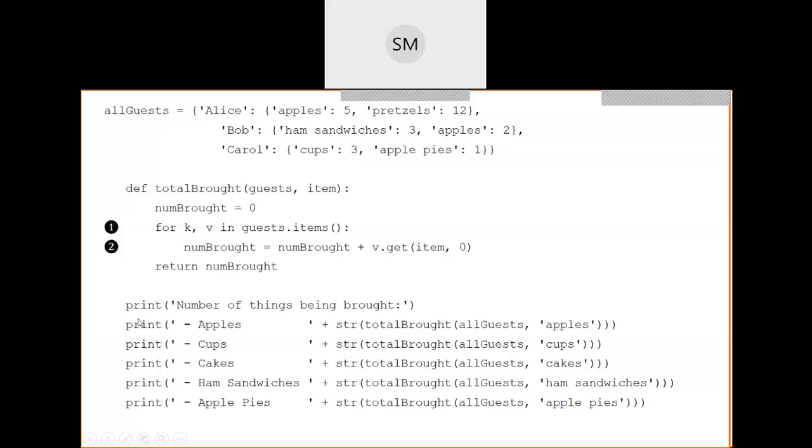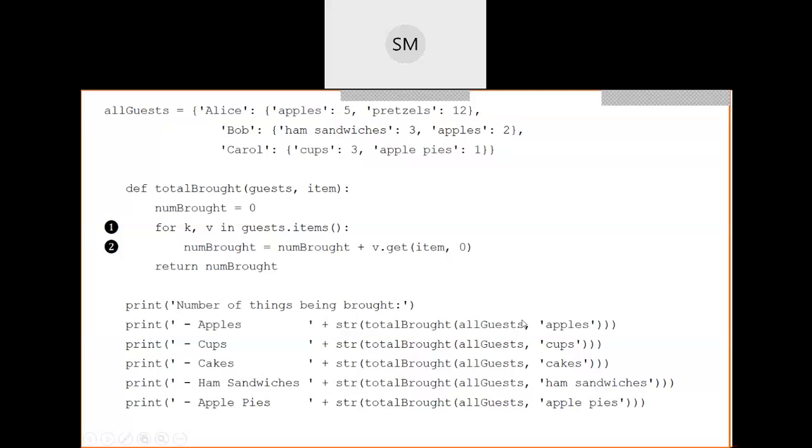After that we have to display the information like this with the print function, outside of this totalBrought function. That print function is displaying one message to us, that is number of things being brought. So what are the items you are taking to your picnic? Okay, so that we are going to make a list of here. The first item is apples. Okay, one string, and this string is concatenated with one more string. That string is nothing but the string of totalBrought(allGuests, 'apples').